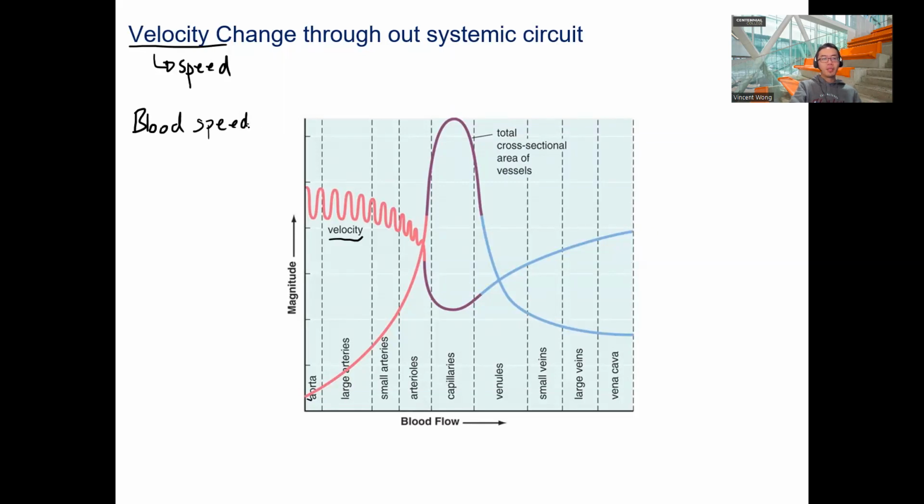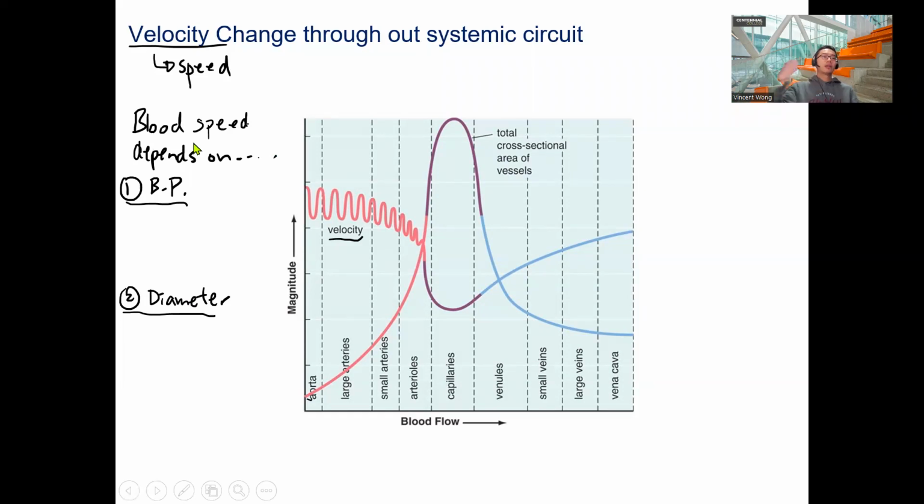Depends on two things. Number one, it depends on the blood pressure. And number two, it depends on vessel diameter. So just try to use common sense. What's the relationship between blood pressure and speed?